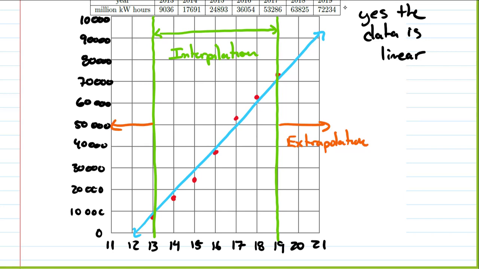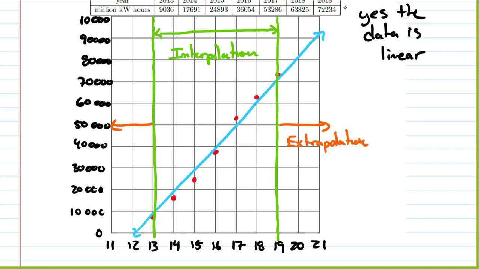So what that's saying is when we are using a data set to come up with a model, if we use the line that we find to estimate a data value that's in between x min and x max, it's called interpolation. That is the best case scenario. When we move outside of our data set's range, we are doing what's called extrapolation. And extrapolation is a little more precarious.